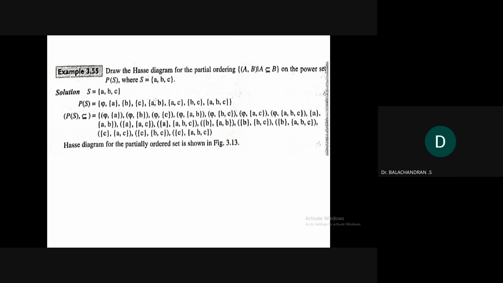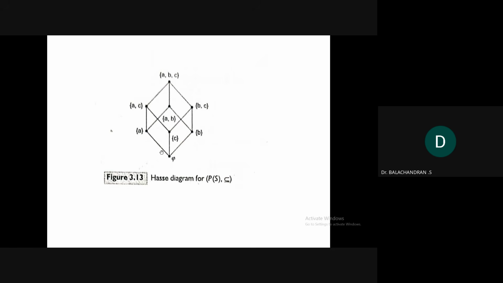Okay, so next slide. So this is the empty set. Empty set is a subset of what? Singleton set A. Empty set is a subset of singleton set B. Empty set is a subset of singleton set C. Okay, next, singleton set A is a subset of AC, and then C is a subset of AC, and C is a subset of BC, and B is a subset of BC.